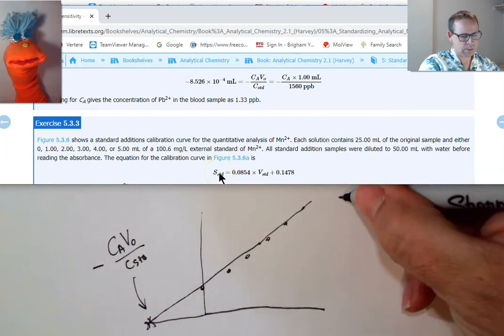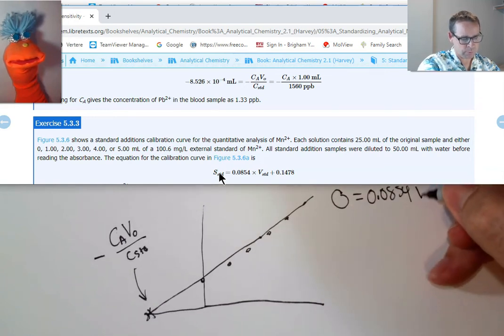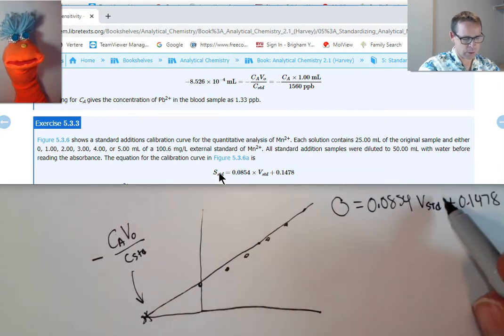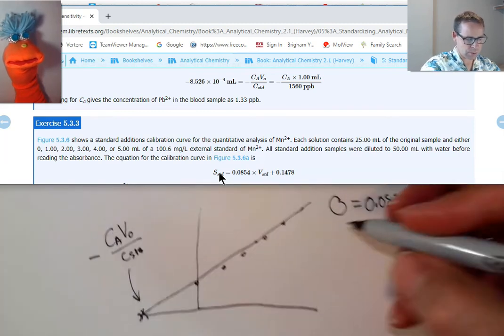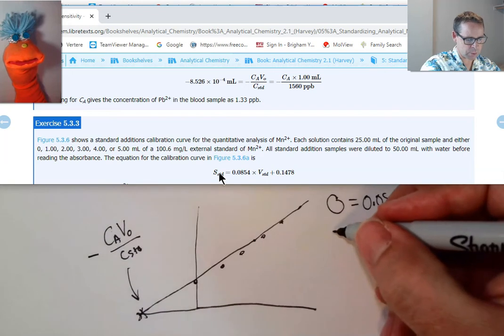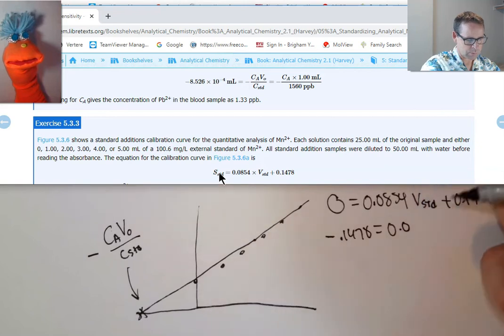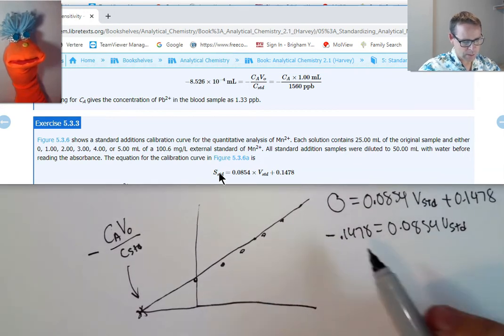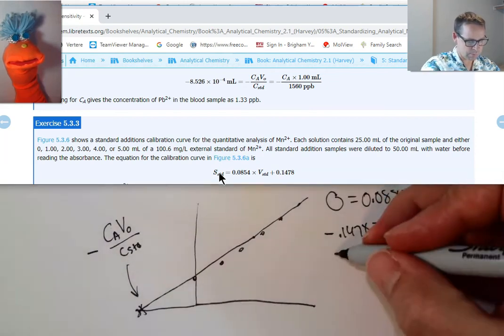If we do that, we get 0 equaling 0.0854 V standard plus 0.1478. So we're going to solve for the volume of our standard here by subtracting our 0.1478, and then we can divide by 0.0854.